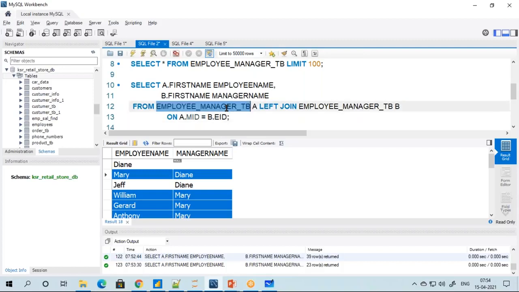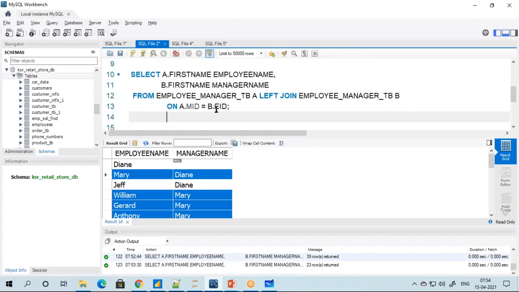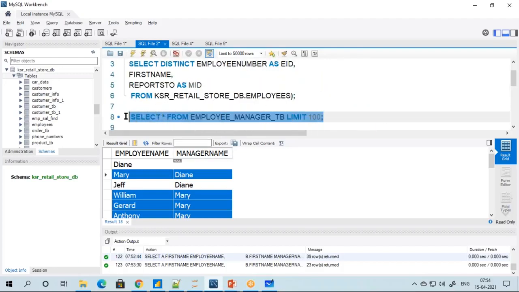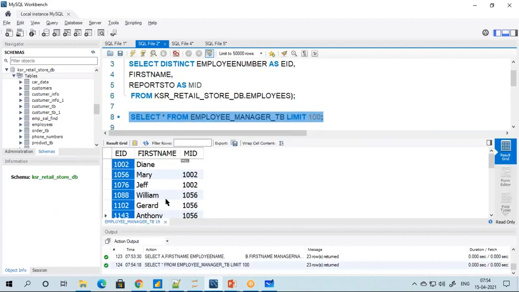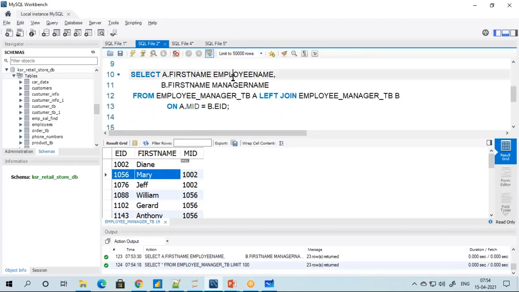This table, every record is there. I'm joining it with the employee table and I'll be using left join, and this time the only change is that I'll be joining manager ID with employee ID, because both are numbers, both are IDs. Based on that, if I take this, I'll take first name as the employee name.